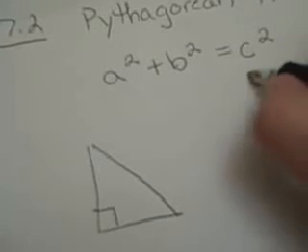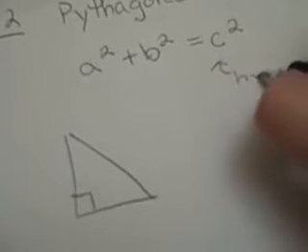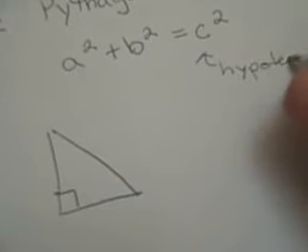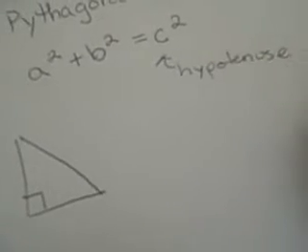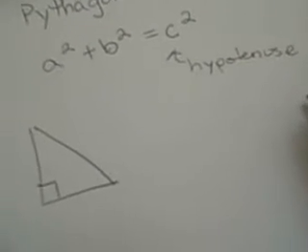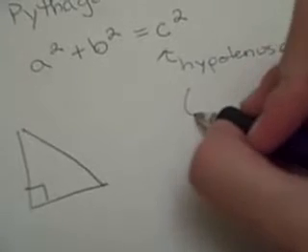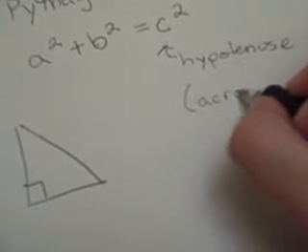In our right triangle, C will always be the hypotenuse. You can identify which side is the hypotenuse because it's always across from our right angle.